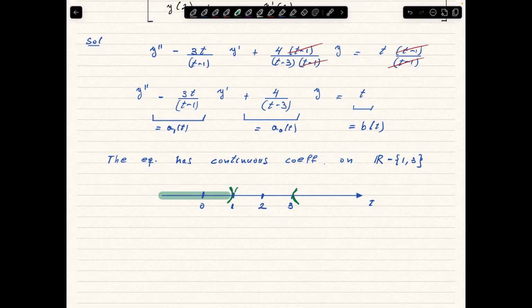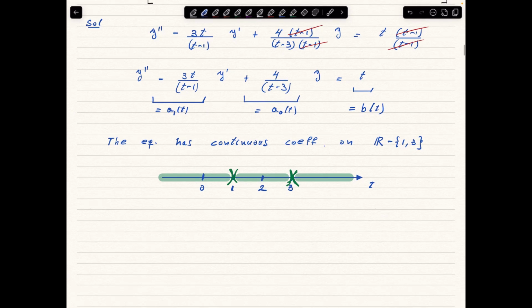So in between, so in those intervals, in this interval here, and in this, let's try to make a space here so we emphasize that 1 and 3 are not in the interval. So the equation has continuous coefficients on intervals.